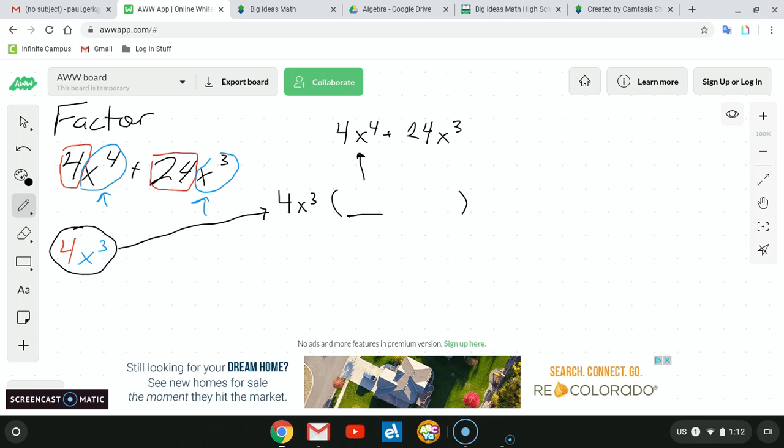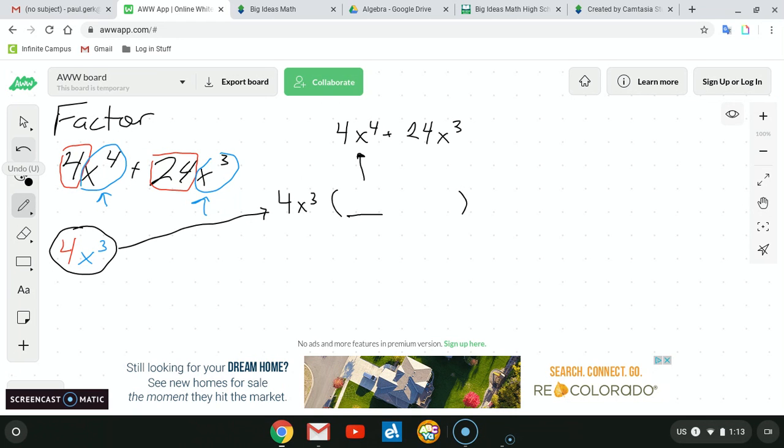All right, so 4 times what equals 4? Well, that's a 1. 4 times 1 equals 4. We don't need to write the 1 inside our parentheses there, because 4 times 1 is 4. So now we're going to figure x to the third times what equals x to the fourth?